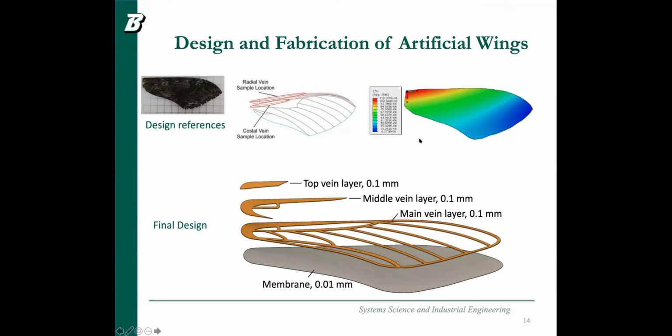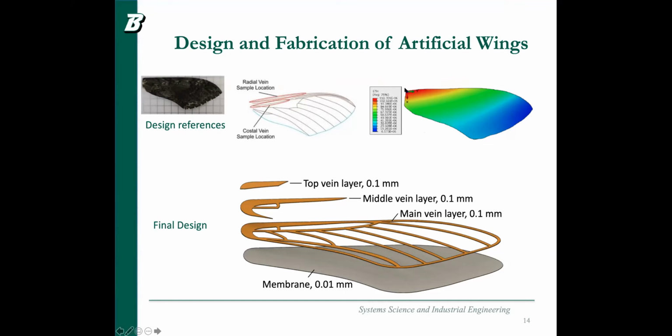Another important piece of information is the weight. We cut these real wings into more than 20 small pieces, weighed them, and formed a mass distribution map.